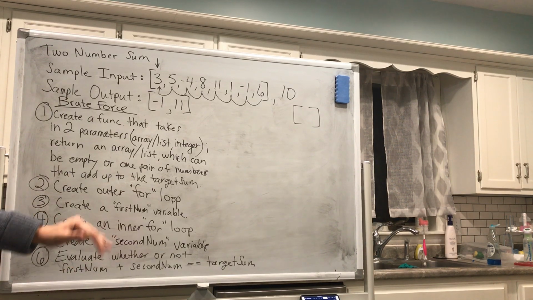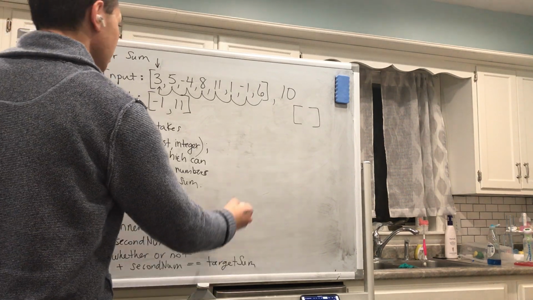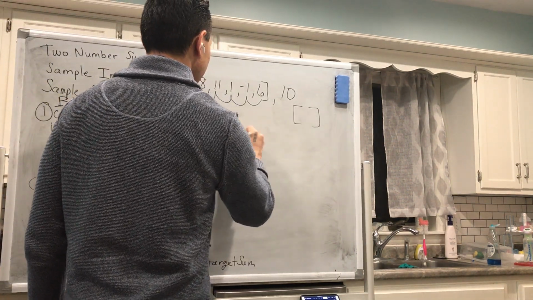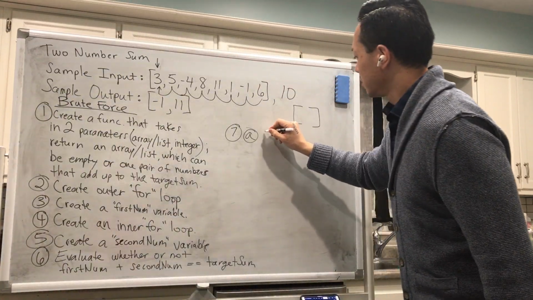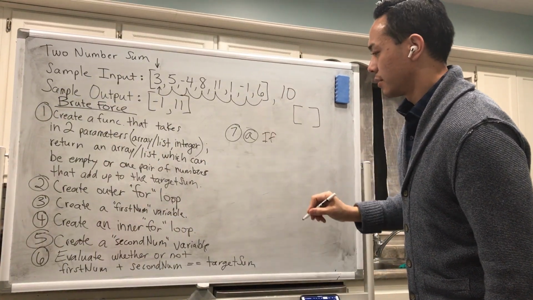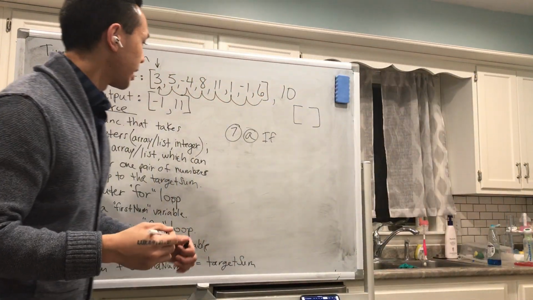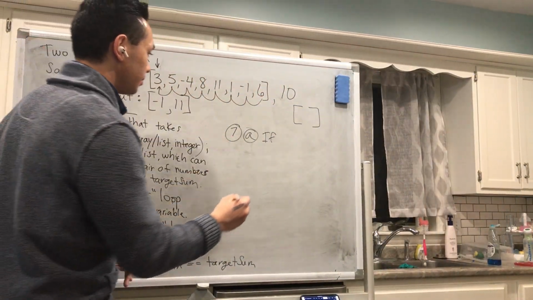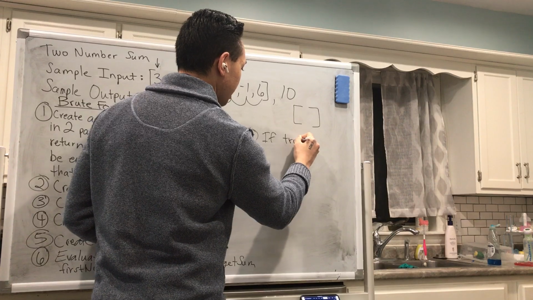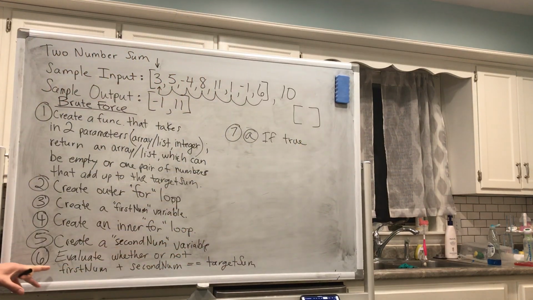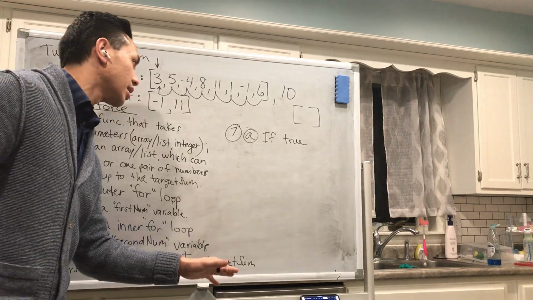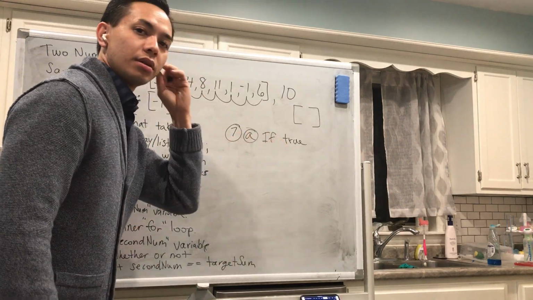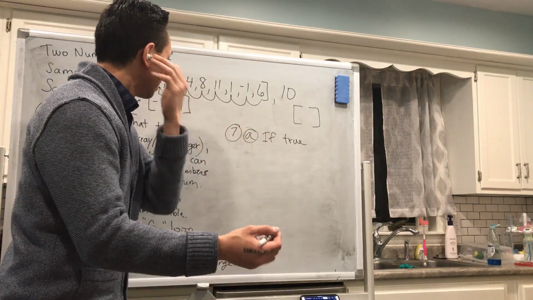Okay? And then step 7. I guess we can call it 7a. So if, stand over here, I think it'd be easier for me to write. If true, right, and we're referring back down here to step 6, so we're evaluating whether or not first num plus second num equals target sum. If it's true, what are we going to do? We're going to return those two numbers.